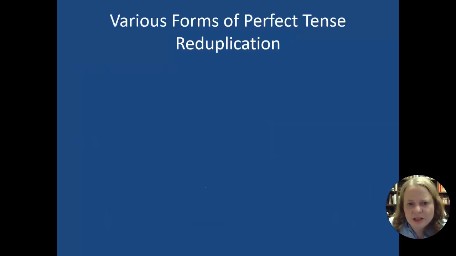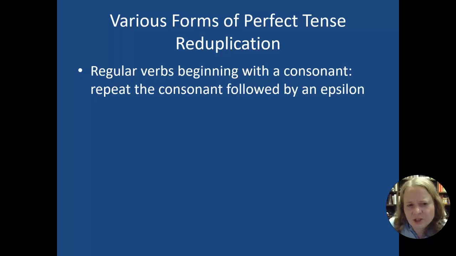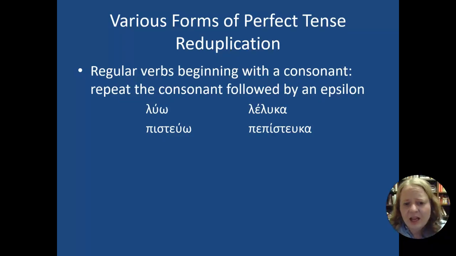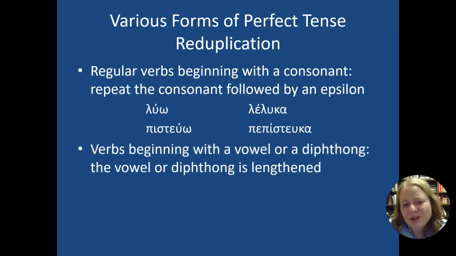The various forms of the perfect tense in reduplication: the regular verbs beginning with a consonant end up with something like this. Luo becomes lelukai, pisteuo becomes pepisteuka. When you have verbs that begin with a vowel, or a diphthong, meaning multiple vowels together, then oftentimes that vowel gets lengthened and it's not a true doubling.